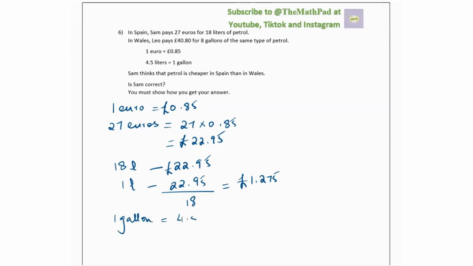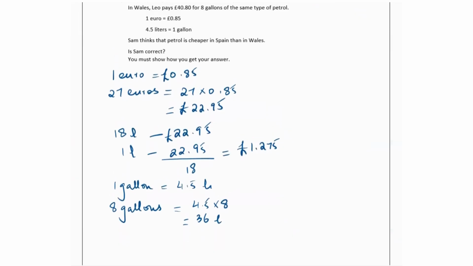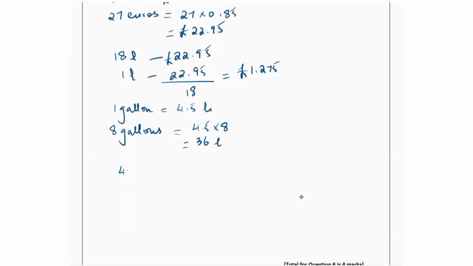So we can convert the gallons into liters. So for 8 gallons, we do 4.5 times 8, which is equal to 36 liters. So for Leo, he's paying 40.80 pounds for 8 gallons.